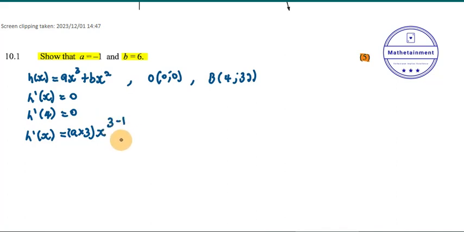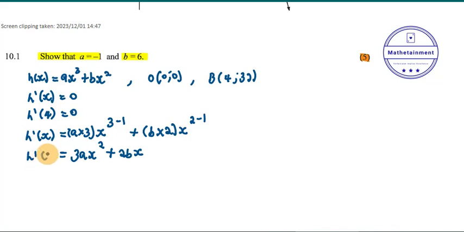What the rule says is you multiply the coefficient of x with the exponent and make sure that you reduce that exponent by 1. Moving forward, this one is a coefficient of x squared, so I should multiply it by 2 and reduce the exponent by 1. Meaning here it will be 3a x squared plus 2bx. This one is h prime of x.